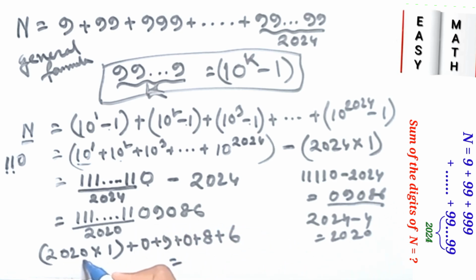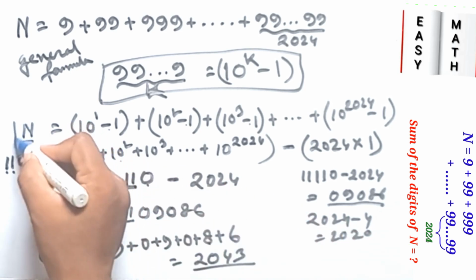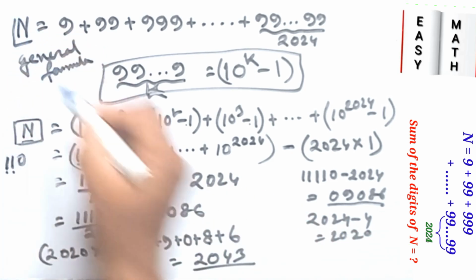The value is this: 9 plus 8 is 17, and 6 is 23. And there is the 2020, and this is the 23. So 2043. So the sum of the digits of n is 2043.